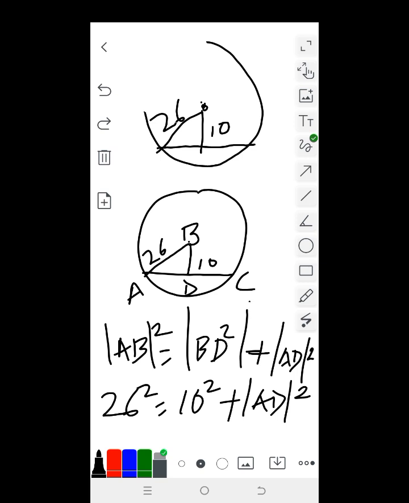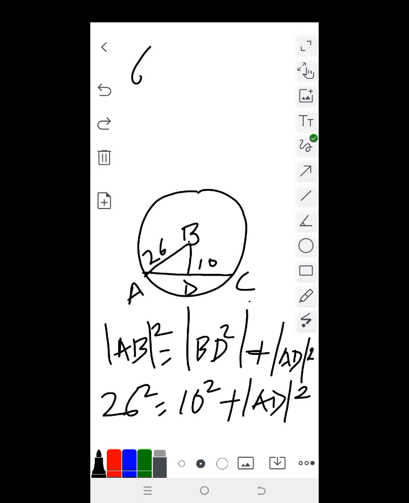So we have 26 square equals 10 square plus AD square. Are you following? If you are not following, pause and go back to the beginning of this video. Note one thing: Pythagoras rule is often used in the half-chord theorem.